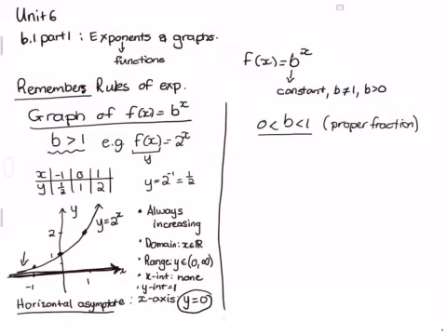Right, we're going to compare the two, as I said. So in this case, let's use f(x) equals 1/2 to the x. Just also remember that 1/2 to the x is the same as 2 to the -1 to the x, so 2 to the -x.